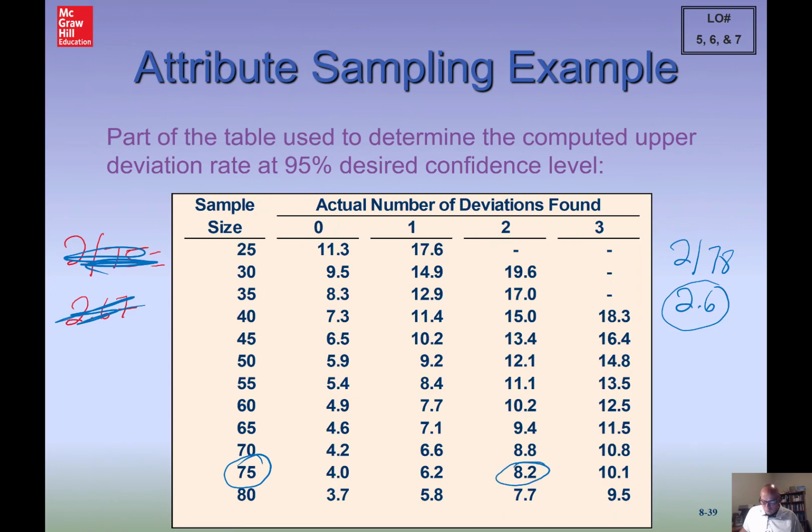I don't know why the developer of the textbook is giving me a different sample size. I could use software to get me the exact upper deviation rate based on the exact sample size. So they should have forced this example so that the sample size matched the table. But 8.2 is, I guess, the most conservative number that we could use here for a sample of 78.